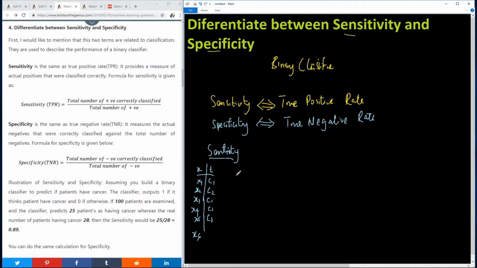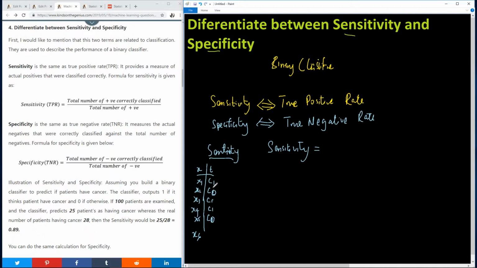Now, if you have this classifier and it correctly classifies some, of course sometimes it may fail. So sensitivity simply means it's trying to calculate the total number of positive correct classifications divided by total number classified. So let's say T1, C1, C2, C1, C0, C1, C0.